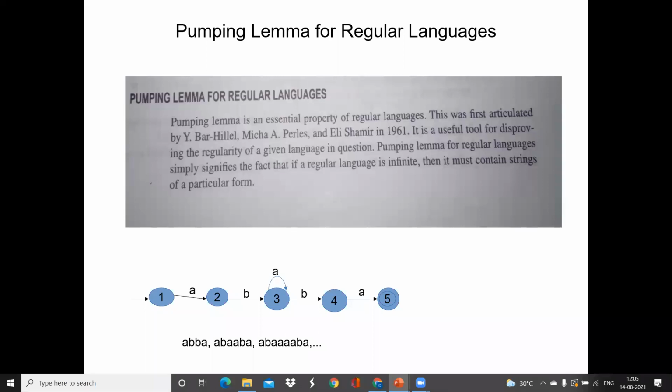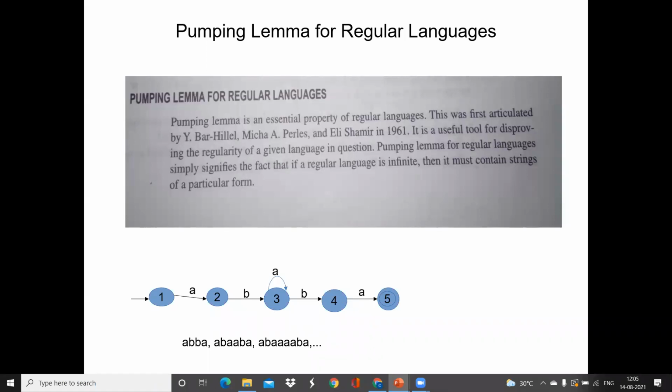Now, you all know graph theory. Now assume that we have this string A, B, B, A. For this string to be traversed, we need at least 5 nodes, right?